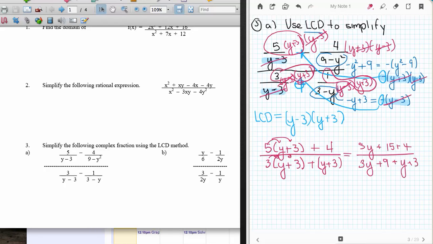And then on the top and the bottom, I need to combine the like terms in each. So here we can combine the constants, so I'm going to get 5y plus 19 in the numerator. And then in the denominator, the 3y and the y will add together to give me 4y. And then the 9 and the 3 will add together to give me 12.